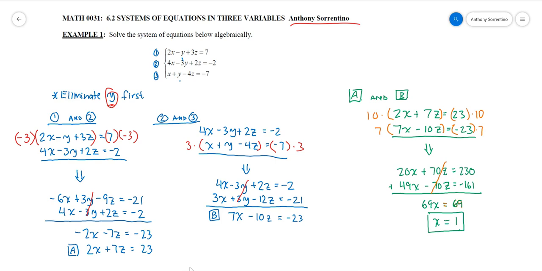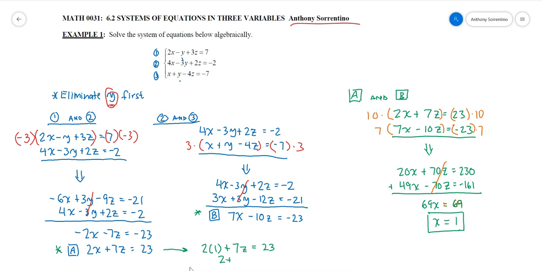Now what I'm going to do is come back to either one of these two equations, the a or the b. Since I have x and z only, I could put the x in and figure out what z is. So I chose a. So substituting in for x, I'm going to have 2 times 1 plus 7z equaling 23.